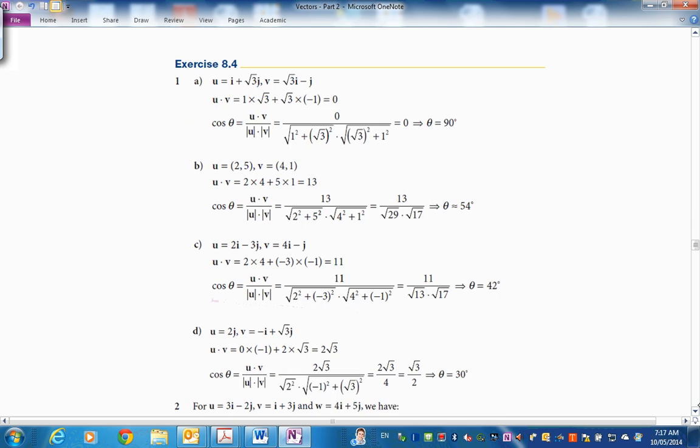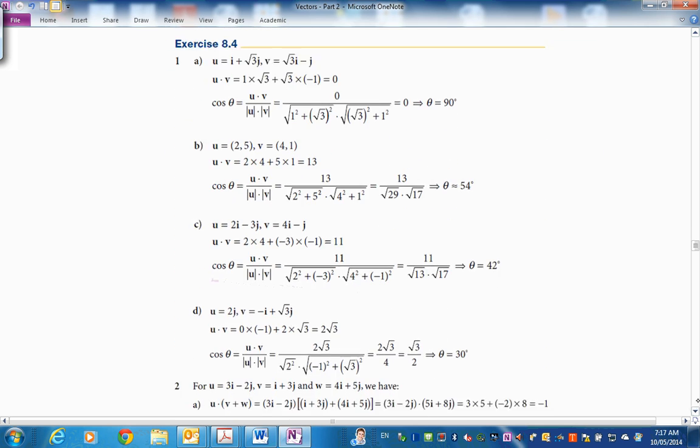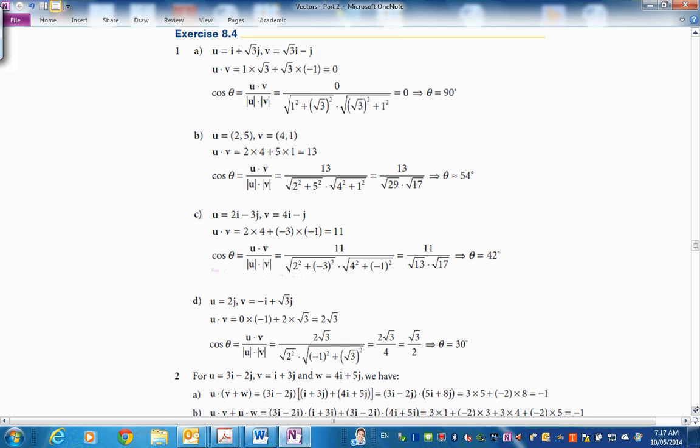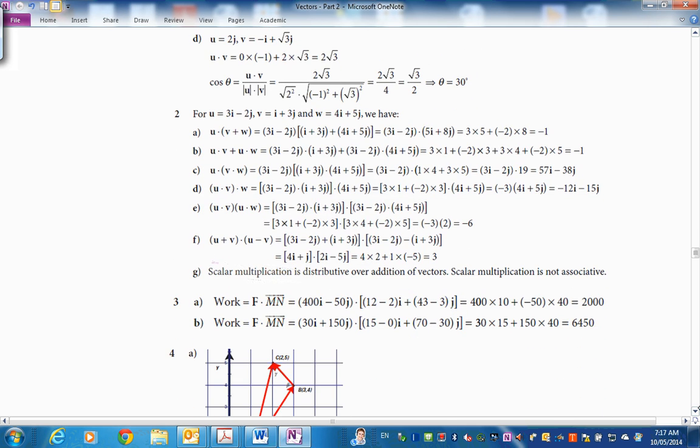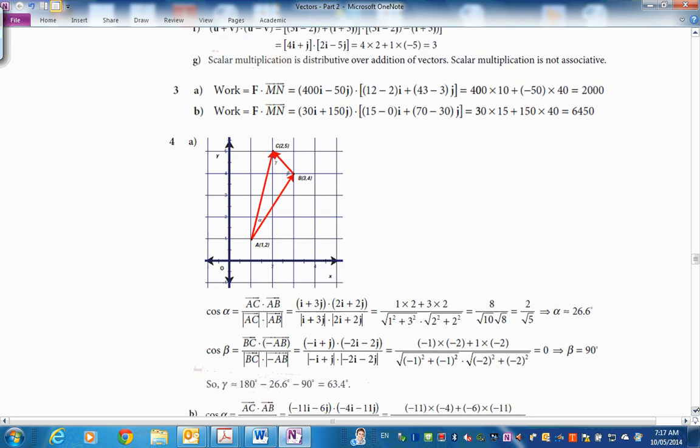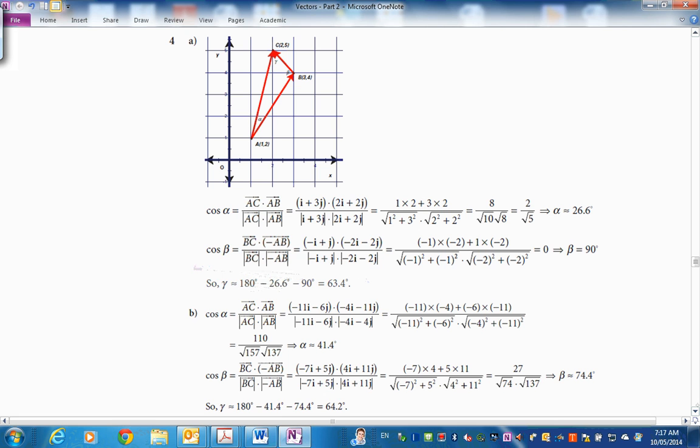Okay, here we go. Question 1, the 4 parts there. Go to question 2 and 3. Question 4, A and part of B. Let's just finish that off.